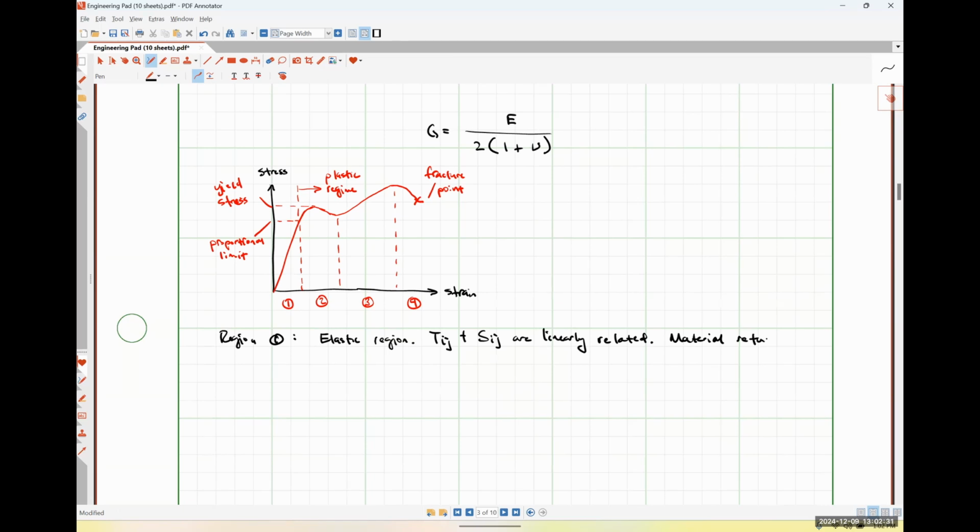Material returns to original shape when loading forces are removed.